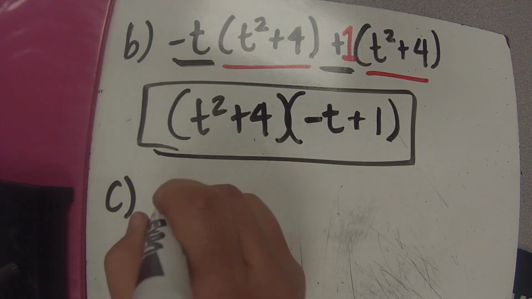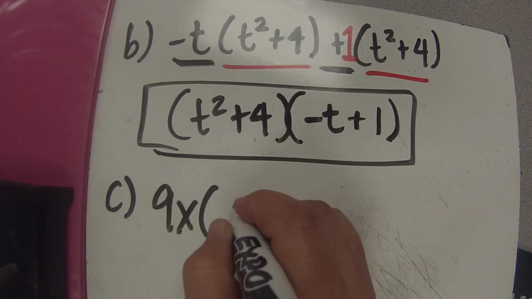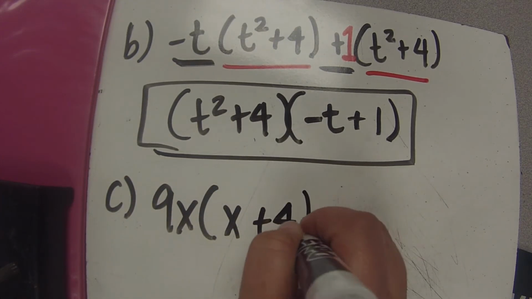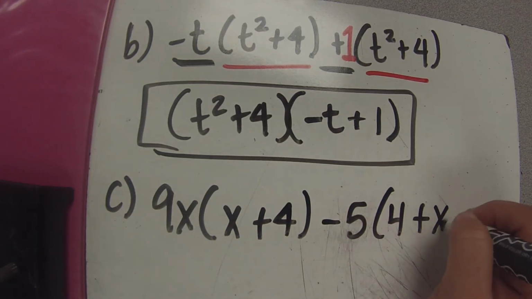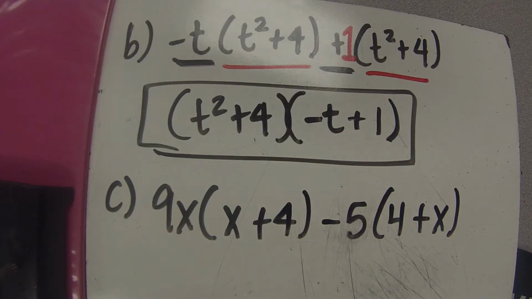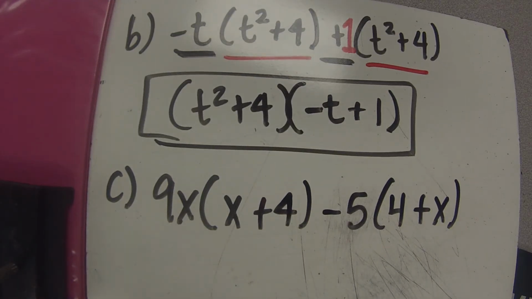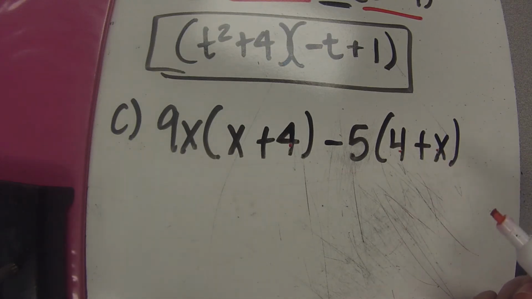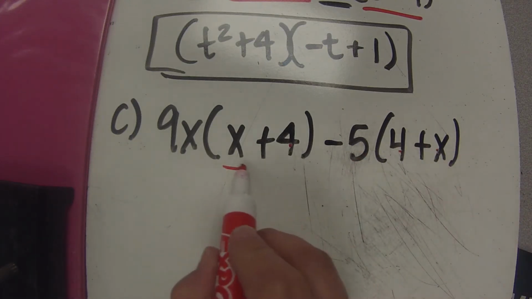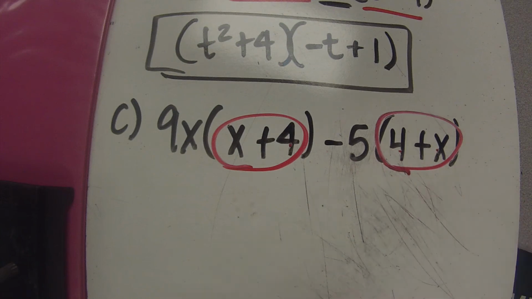Okay, C, we have 9x(x plus 4) minus 5(4 plus x). Now, with this type of problem, you can instantly see that x plus 4 and 4 plus x look extremely different. But in reality, these are the exact same expressions.